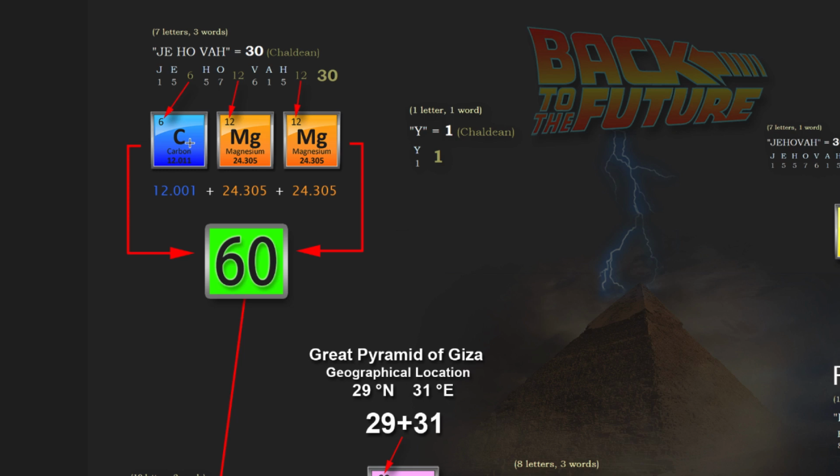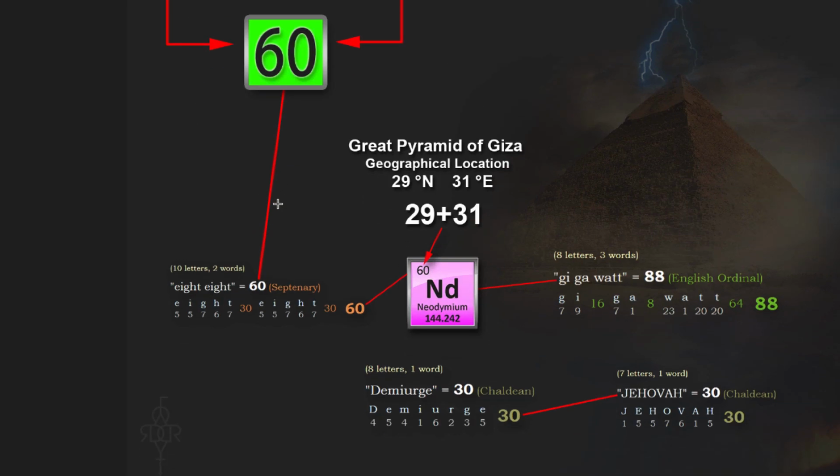And when we break these down and add up the atomic weights, carbon's 12, magnesium's 24, 12, 24, 24, equals the number 60, which is double 30. And that's important because the number 88, 8's really important, but 8 is a 30. 8 is the number that eats itself, the infinity sign.